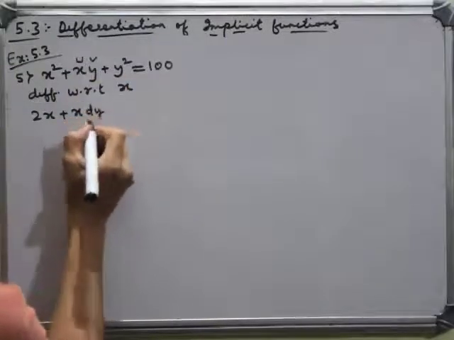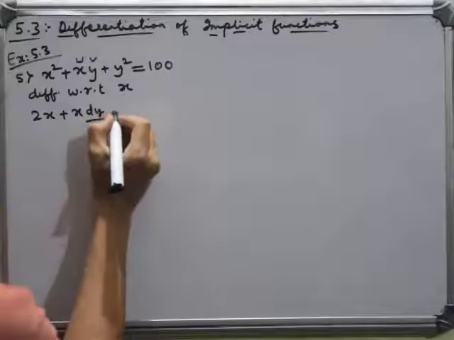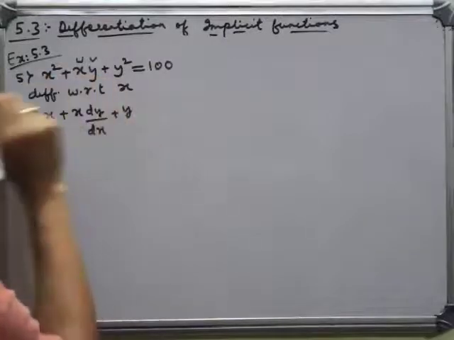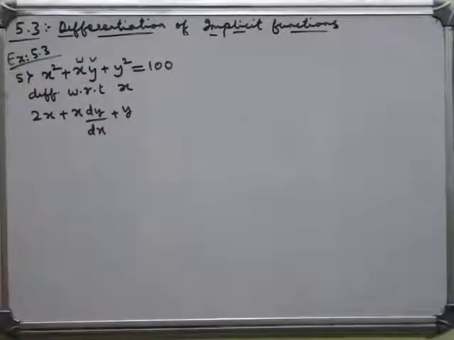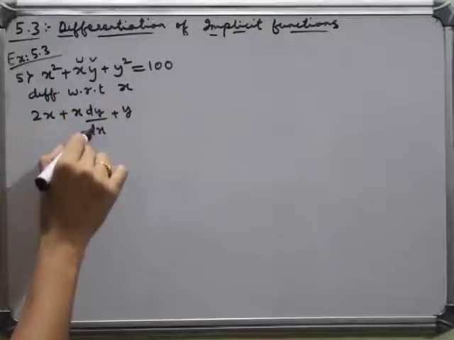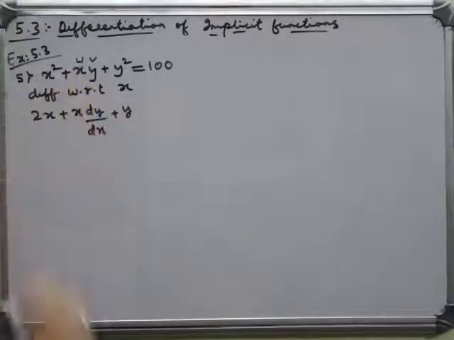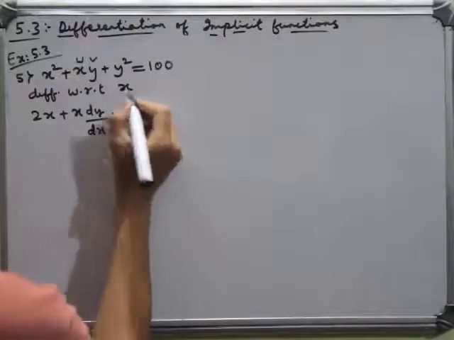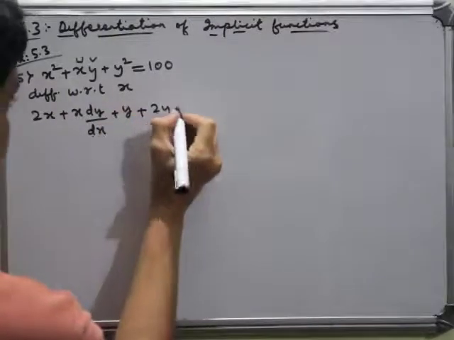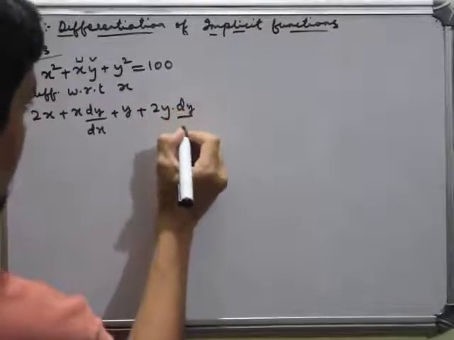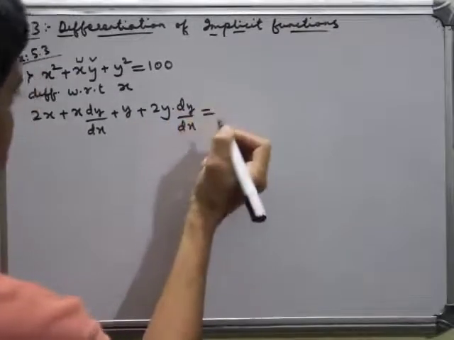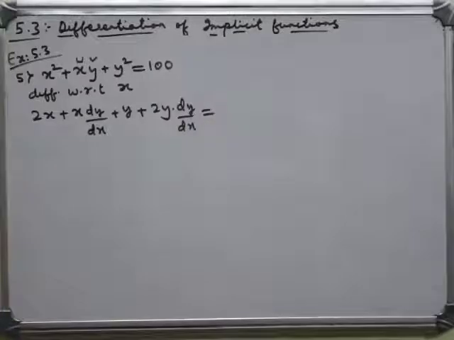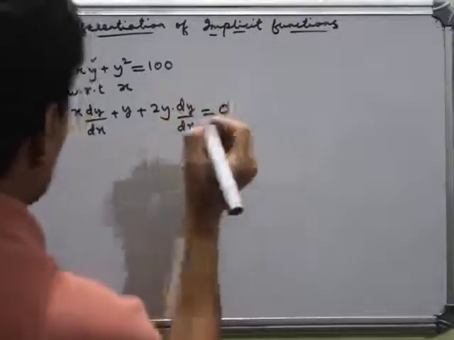Now I can write it as x into dy by dx plus y into 1, y into differentiation of x, plus y square. Differentiation of y square is 2y into dy by dx is equal to differentiation of 100. 100 is a constant. So differentiation of constant is 0. So write it as 0.